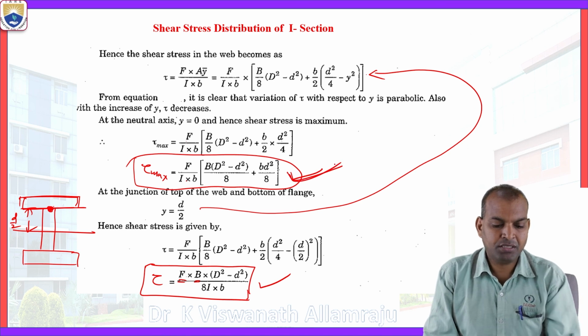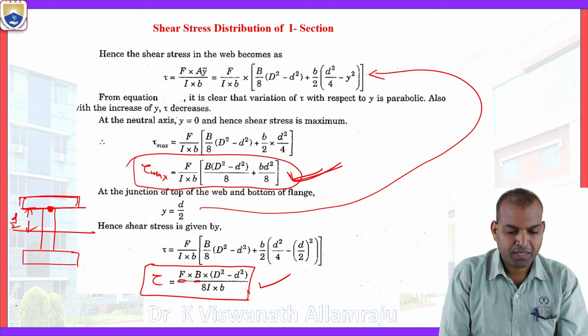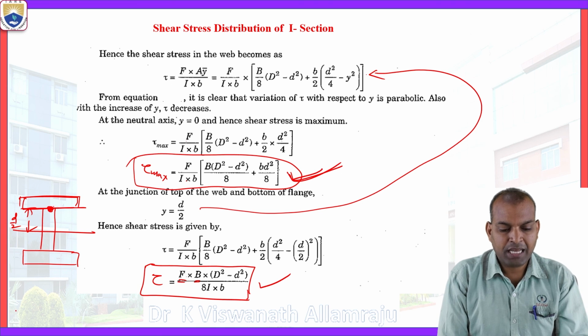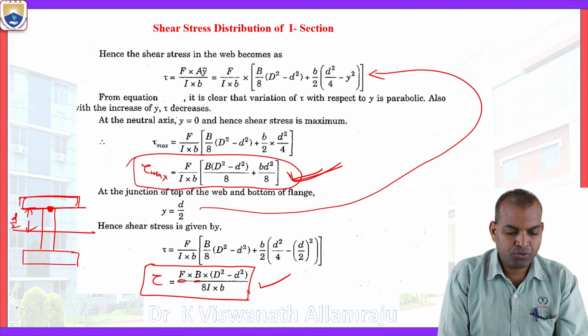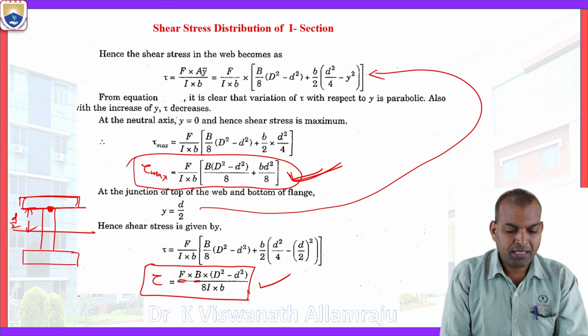This is the variation, at y equal to 0, that is the maximum shear stress. So thus we can calculate the maximum shear stress and also the shear stress at the junction.